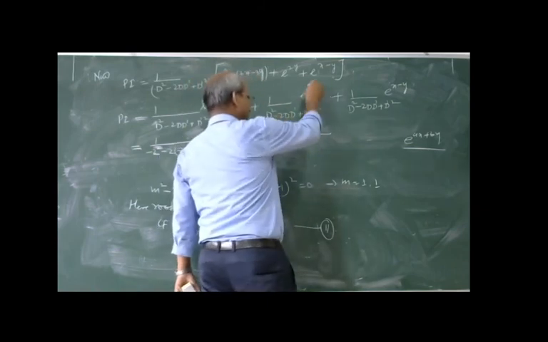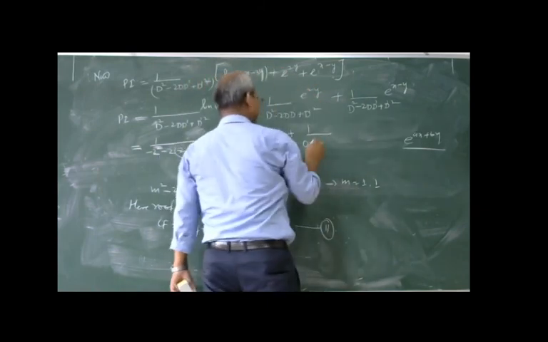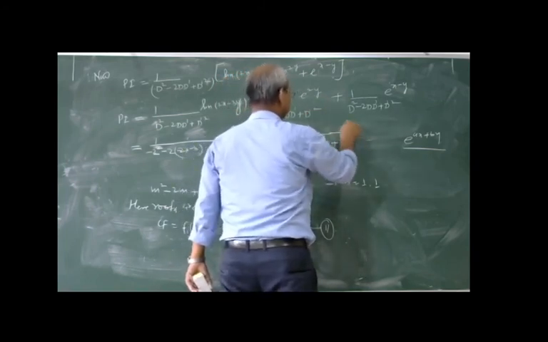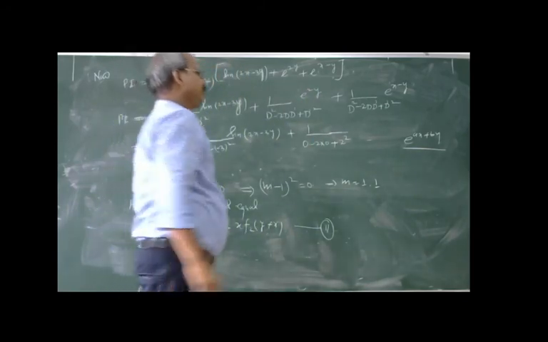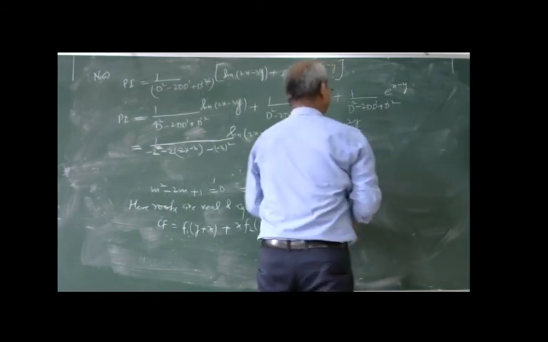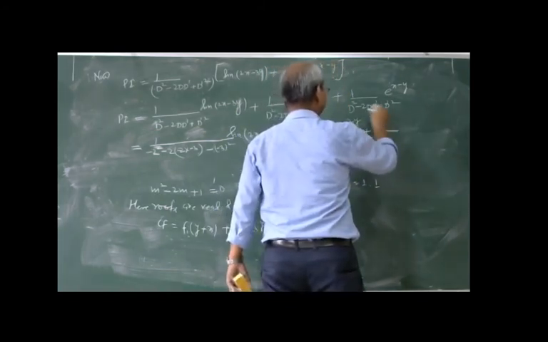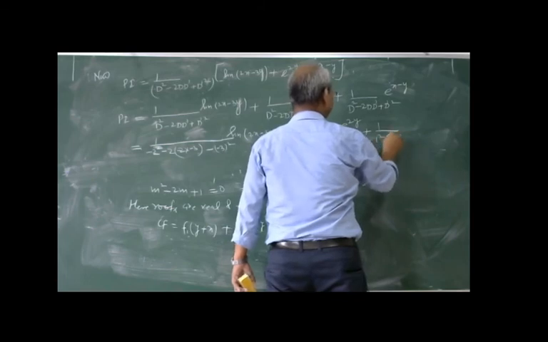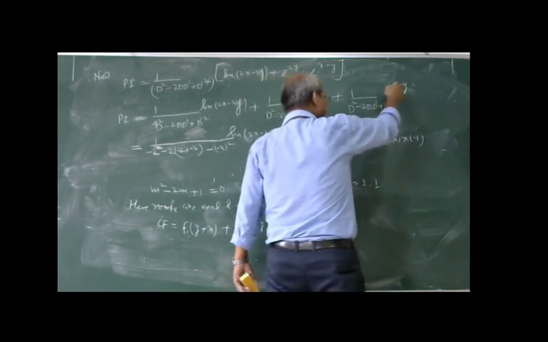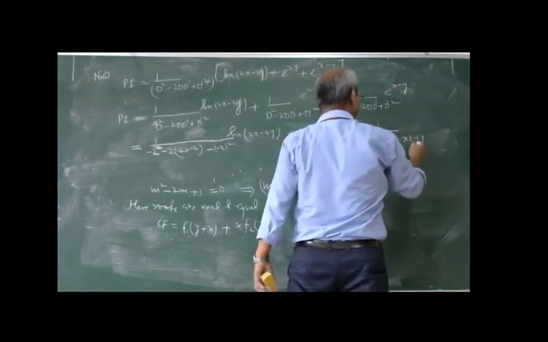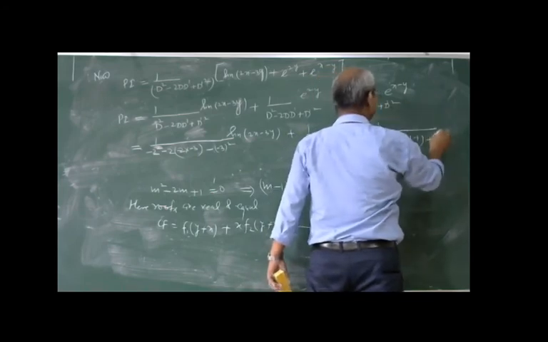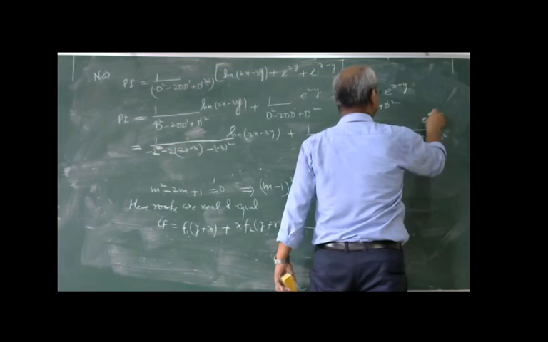So D is replaced by 0: 0 minus 2 into 0 into 2 plus 2 square, e to the power 2y. And in the next, plus 1 upon D replaced by a: 1 square minus 2 into 1 into minus 1, D' replaced by b, plus minus 1 square, e to the power x minus y.